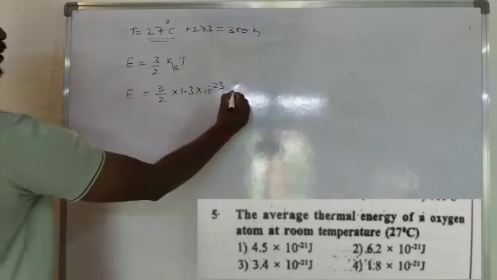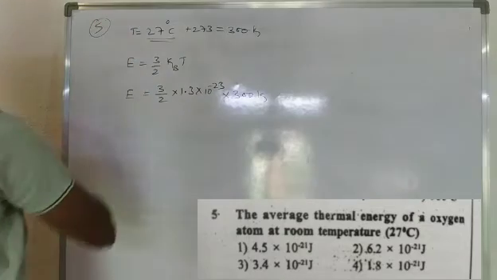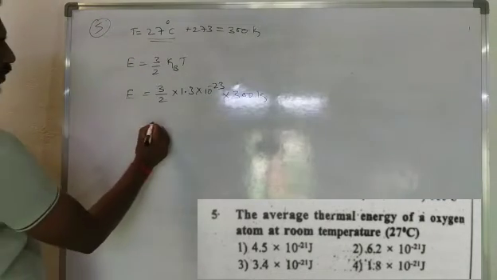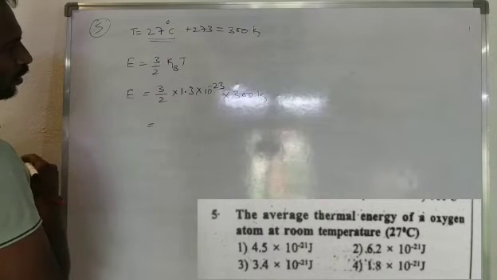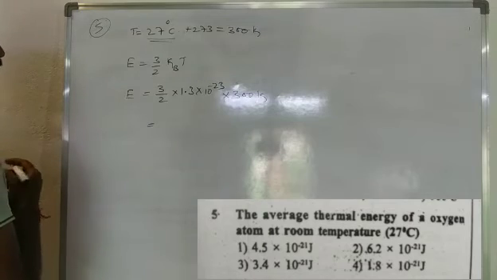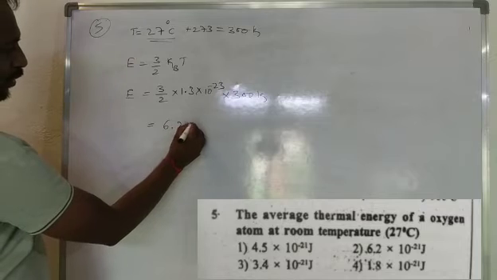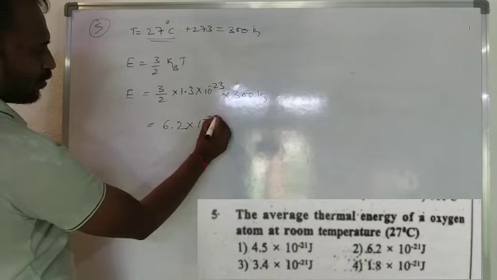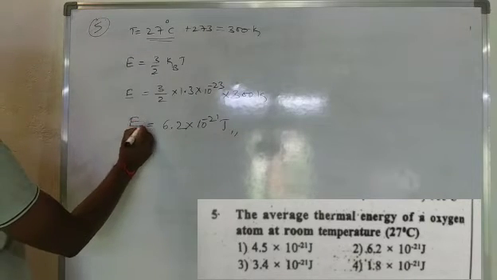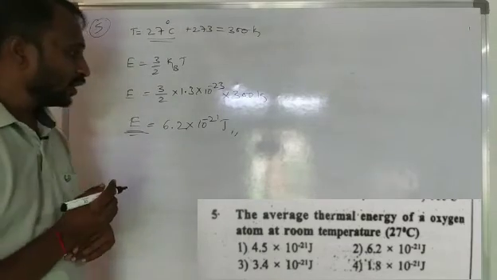After simplification, 1.5 times 1.3 into 3 into 10 power minus 23, so we get 6.2 into 10 power minus 21 joule. So the thermal energy is 6.2 into 10 power minus 21 joule.